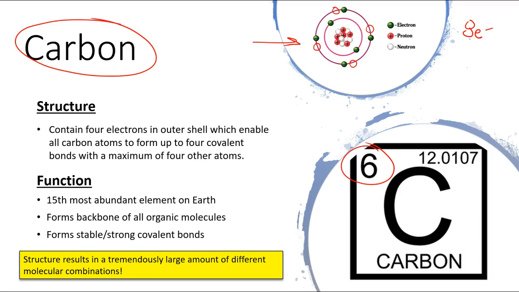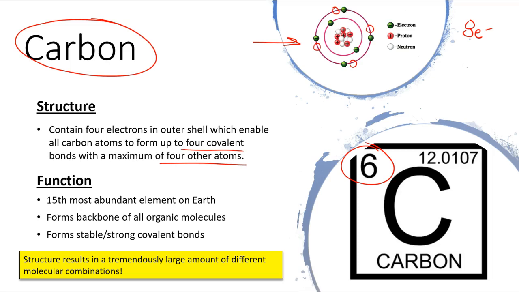Okay, and the fact that it can bond 4 other times gives the carbon atom a really unique property. It can form up to 4 covalent bonds with a maximum of 4 other atoms.